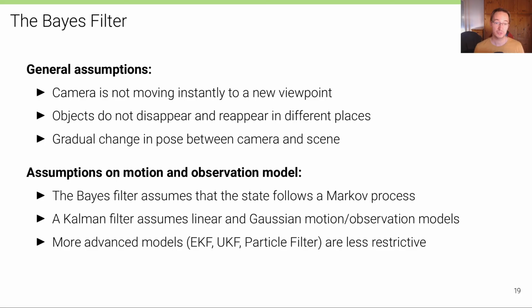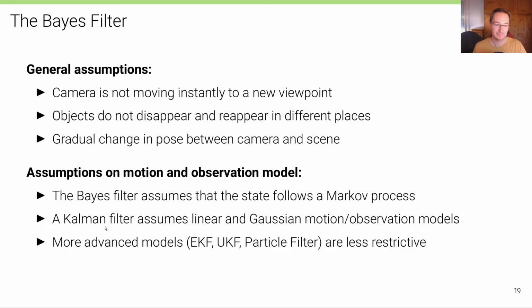There are also certain assumptions on the motion and the observation model that we employ. For example, the Bayes filter assumes that the state follows a Markov process. We are actually modeling a hidden Markov process, a hidden Markov model.